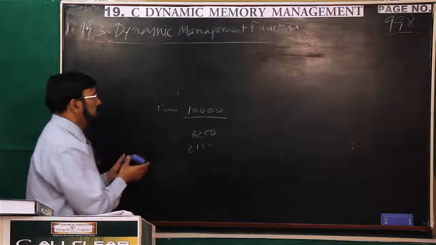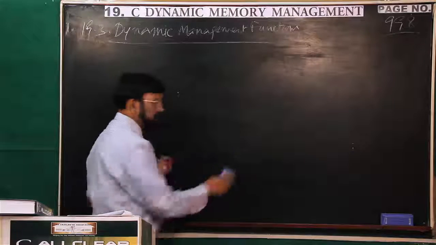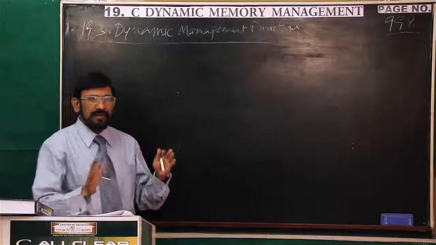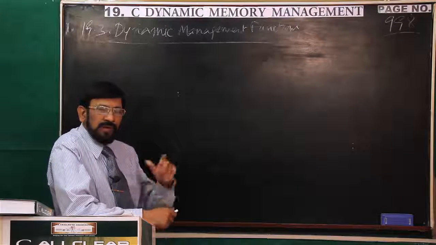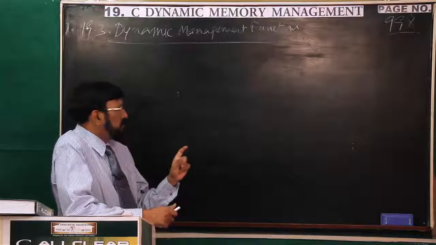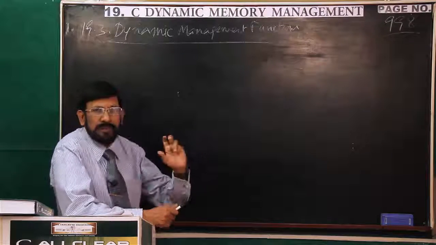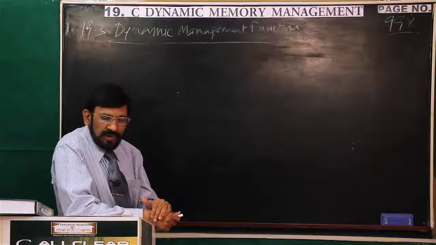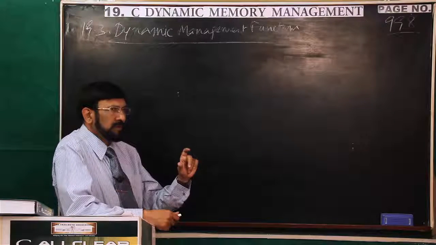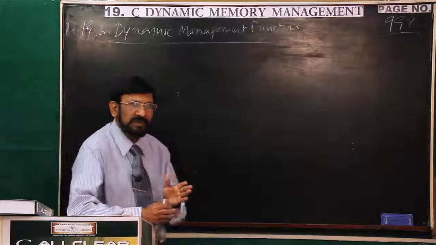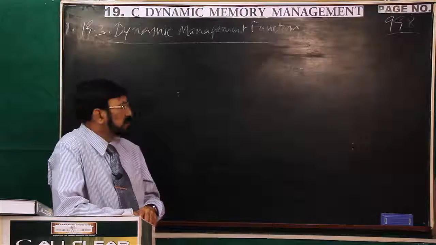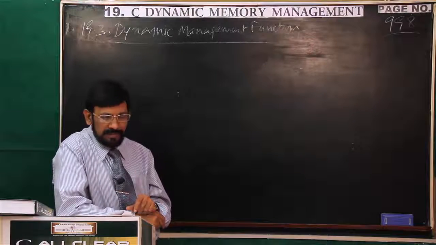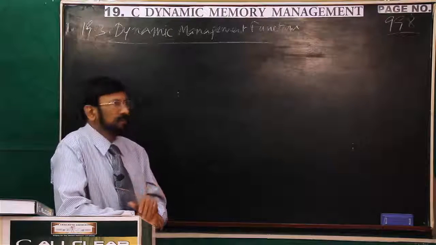So in a real-time environment, the size of the data is fluctuating. That's why we cannot decide at compile time how much memory is required for the data. At execution time only is it known how much memory is required to store the data. That's why dynamic memory management is required.